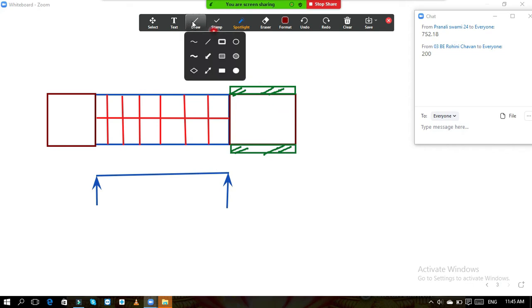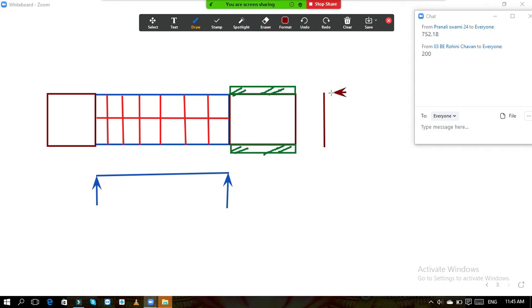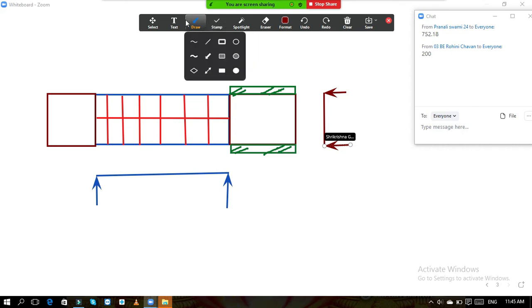Okay, so if I draw the spanning direction, then this will be like this. This is the landing slab, and the support might be in this way.